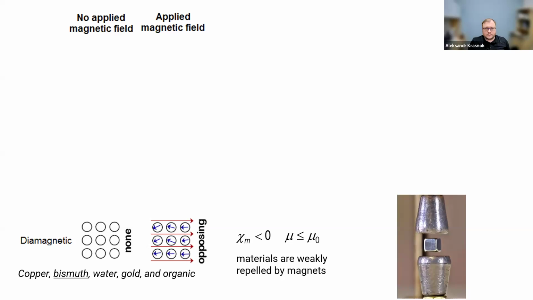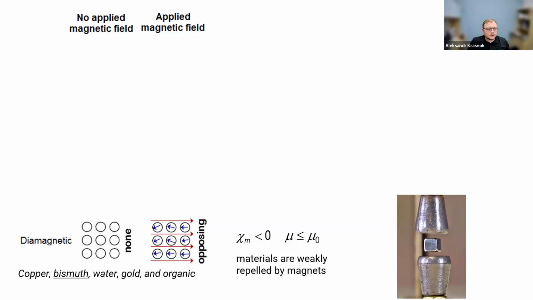And using this repulsion, you can make this body levitate between the poles of the magnet. This effect is quite small, quite weak, and doesn't have anything in common with the superconductivity effect, which is the Meissner effect.